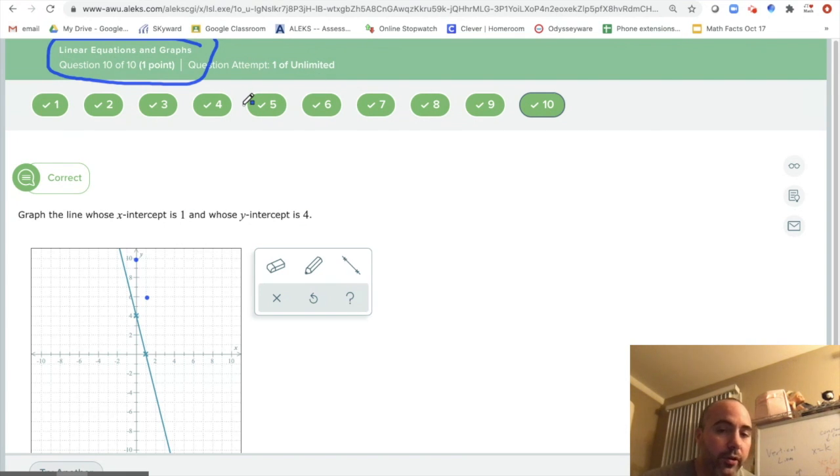So the goal here is to get 100% by the end. And the way it works is, say you missed question 6, but you got everything else right, it will only make you redo a version of question 6. It won't give you the same exact question. It'll change the numbers up a little bit. But it's a nice learning experience, and everybody should be able to earn a 100% on this.